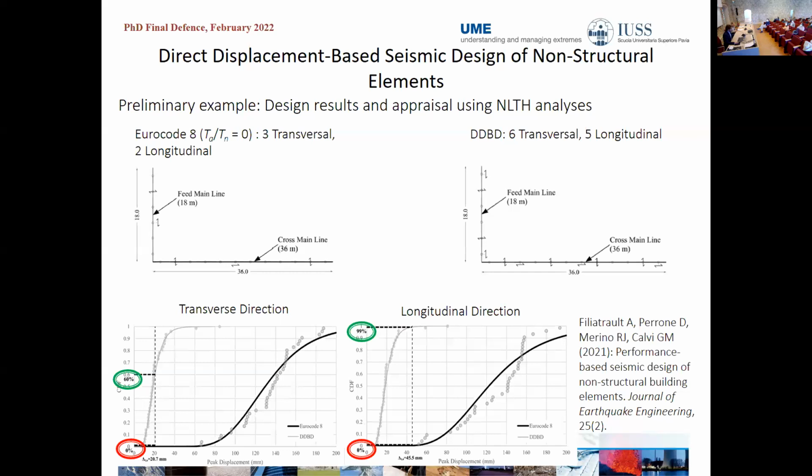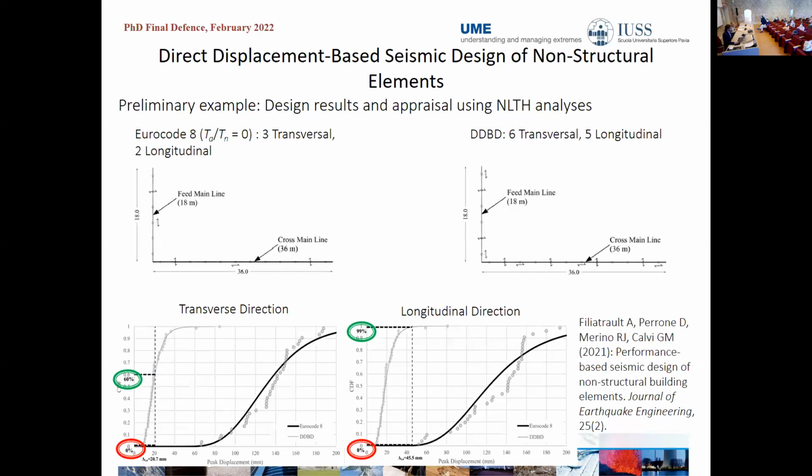So now here we compare the results for both the Eurocode 8 and the direct displacement-based design procedure. In these plots, you can see the lognormal distribution of the peak displacements. And as a black dashed line, we see the target displacements that we assumed at the beginning of the design process. So the perfect result would be to have a probability of occurrence of 50%.